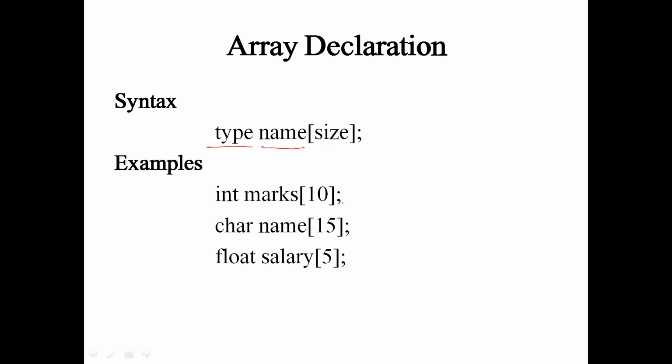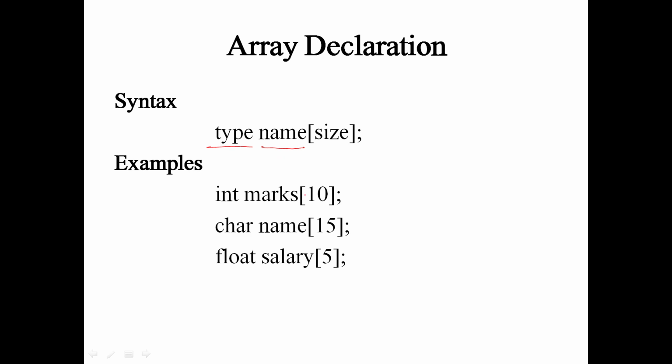If we see the examples, int marks[10], char name[15], float salary[5]. As we know, every variable must be declared before it is used in the C programming language. The same goes for arrays also. Before using the array name, we must declare it.